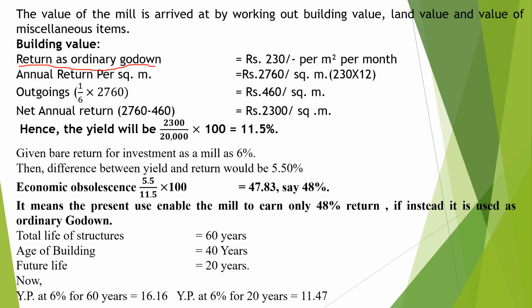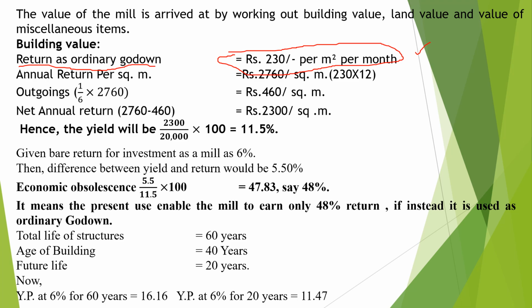It will give you a rent. You can fetch a rent of 230 per square meter per month. So let us suppose we convert it into an ordinary godown and give it on rent.